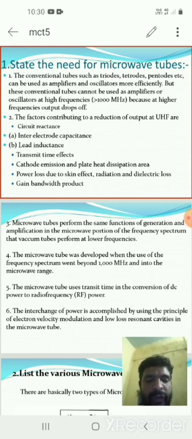Microwave tubes were developed when the use of the frequency spectrum went beyond 1000 MHz and into the microwave range.